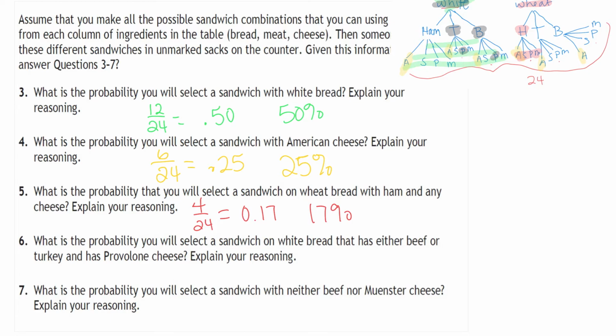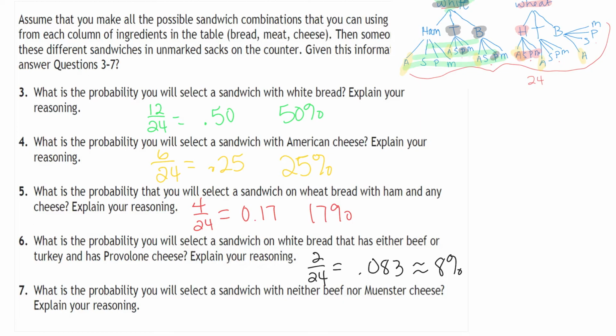So that's only 2 out of 24. Oops, let me switch back to a pen. 2 out of 24, which is 0.083, which would be approximately an 8% chance.